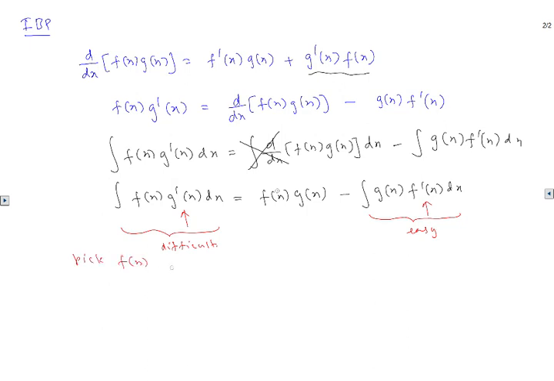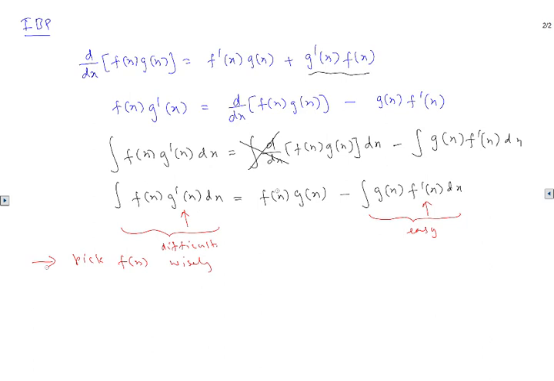Once you pick f(x) properly, so that you get an easy integral compared to the original integral, that's the idea going on behind it. So you transform a difficult integral into an easy integral.